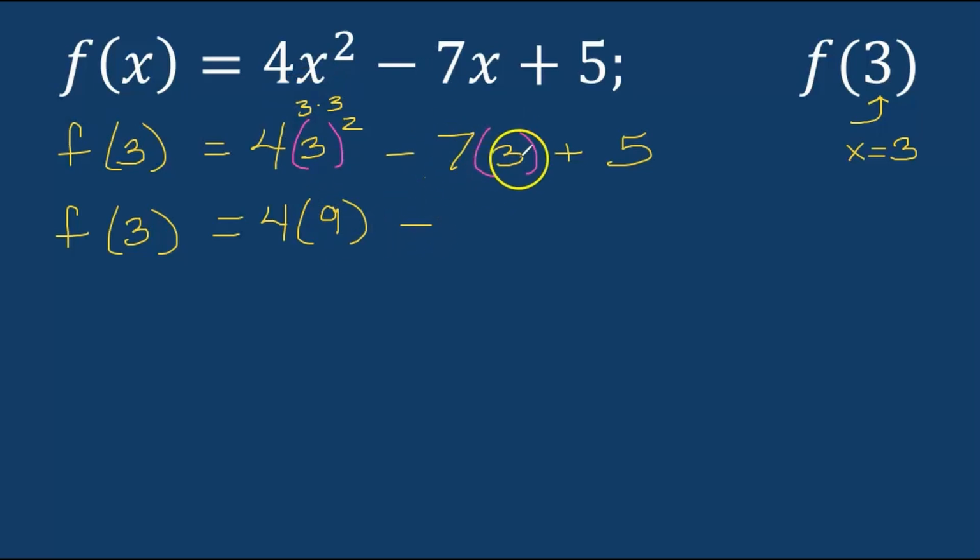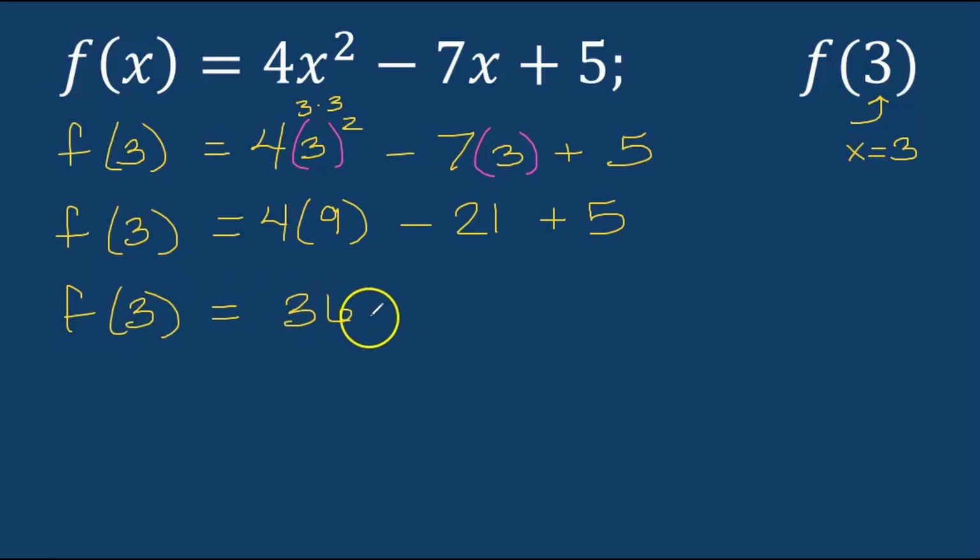Now, because this is a separate term, I can save myself some time by going ahead and multiplying this as well. In my next step, I have multiplication, subtraction, and addition, and I have to take care of that multiplication first. 4 times 9 is 36. And I'm going to copy the rest of this down so that I don't lose track of what's in there.